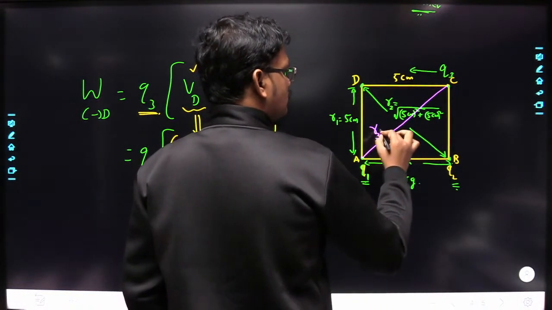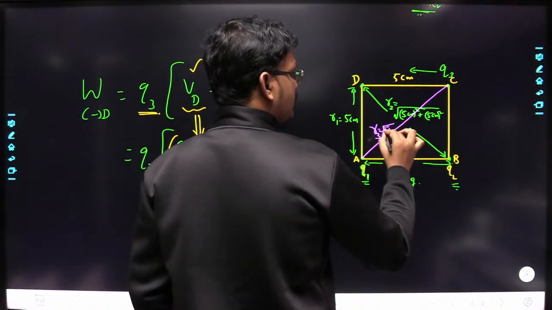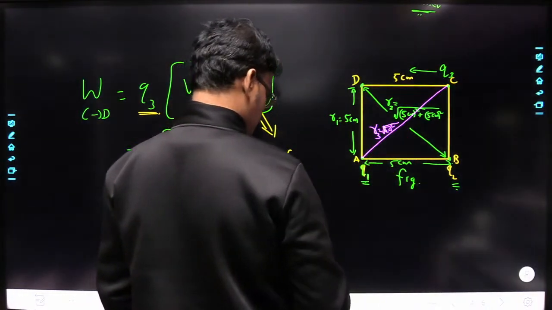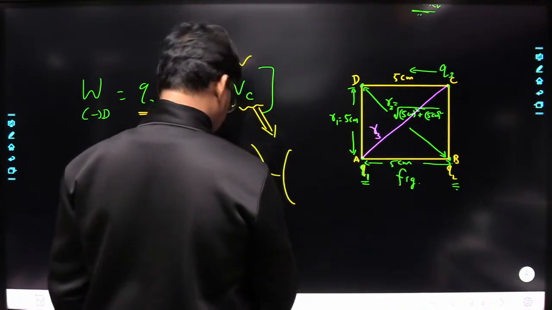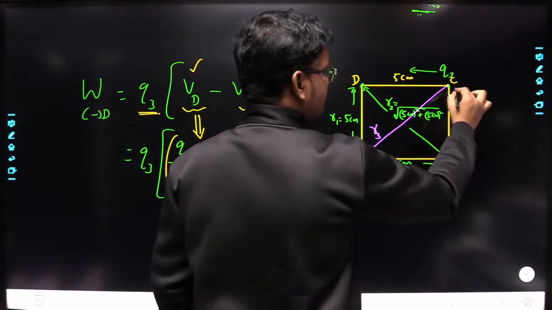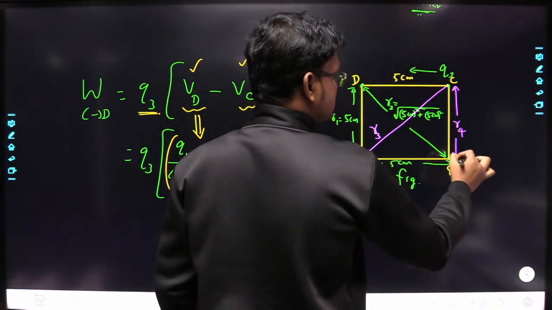So R3 is equal to square root of 5 centimeter square plus 5 centimeter square. So this is R3, and the distance from here to here is nothing but R4. Let us consider this as R4.